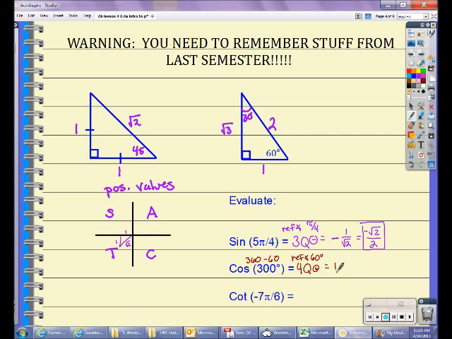So we have positive, and then in my fourth quadrant I can draw my 60 degree reference angle and say 1, 2, square root of 3. Cosine is x over r, so that's going to be positive 1/2.